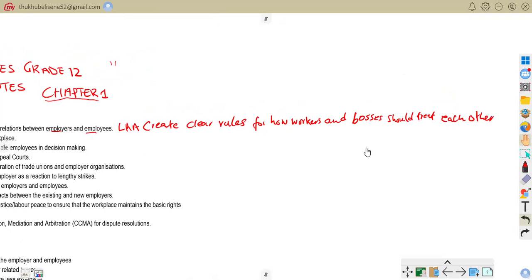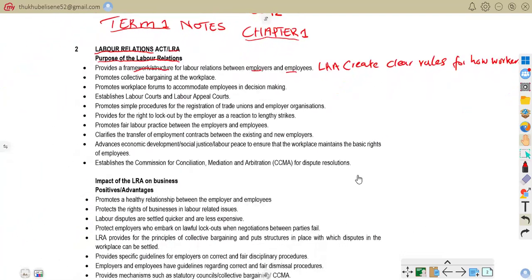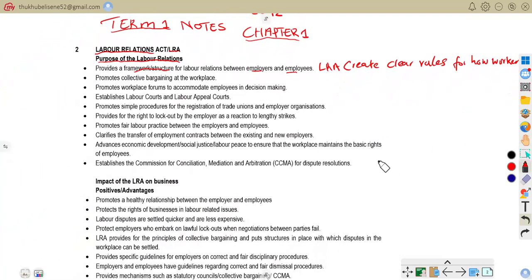For example, the workplace uses LRA rules when they handle disputes by following proper procedures. So that is that. Now let us move on.